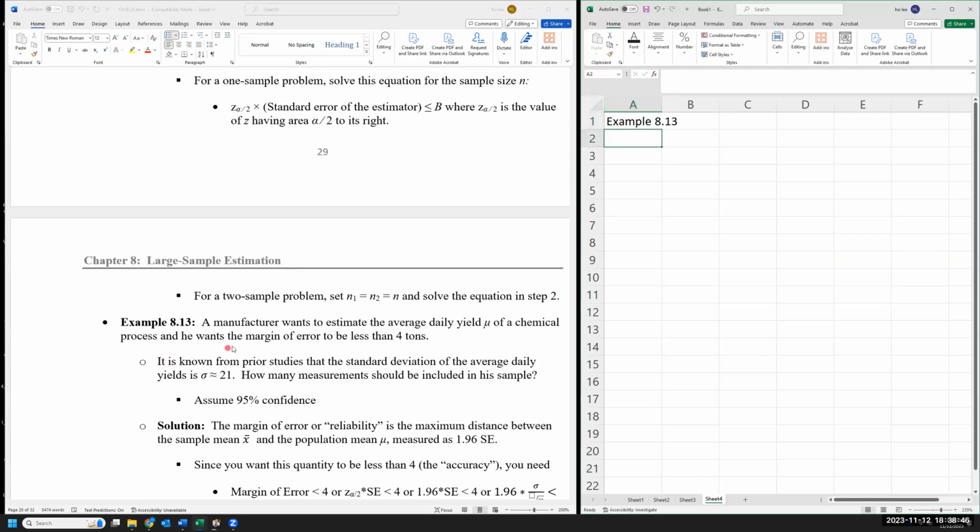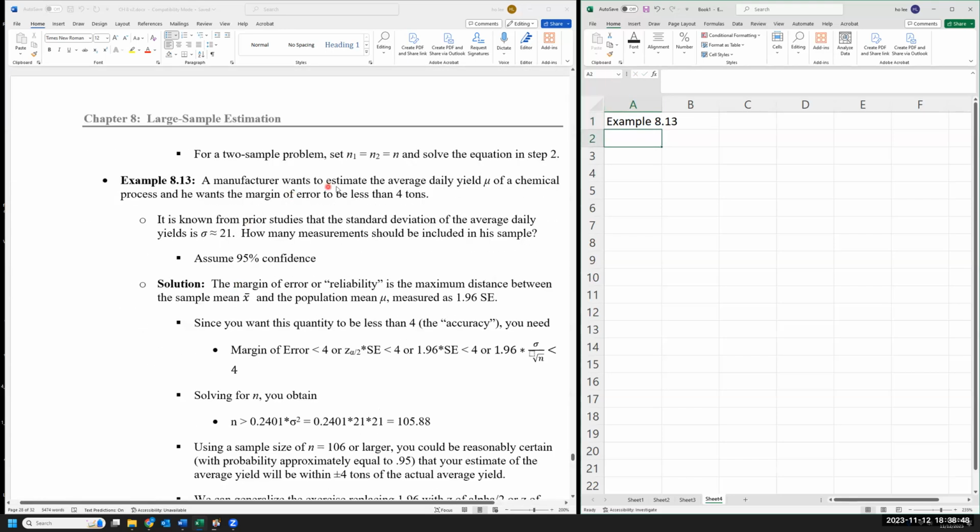Okay. A manufacturer wants to estimate the average daily yield mu of a chemical process, and he wants the margin of error to be less than, or equal to, 4 tons.